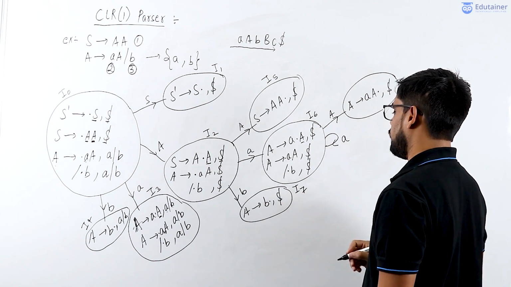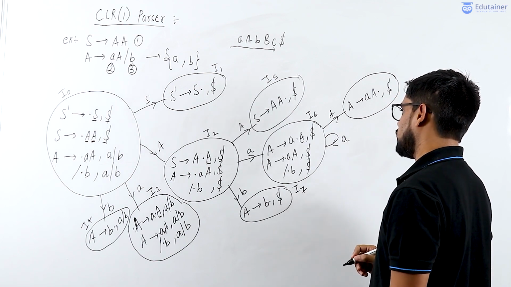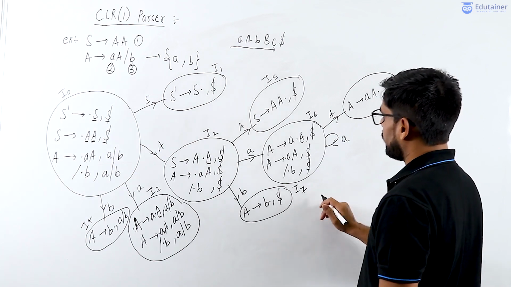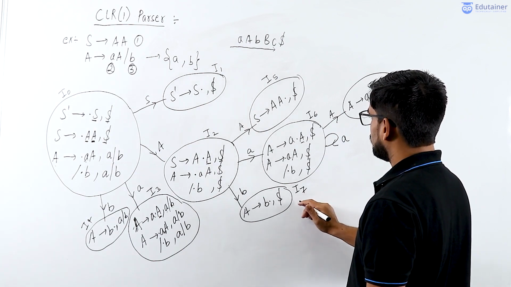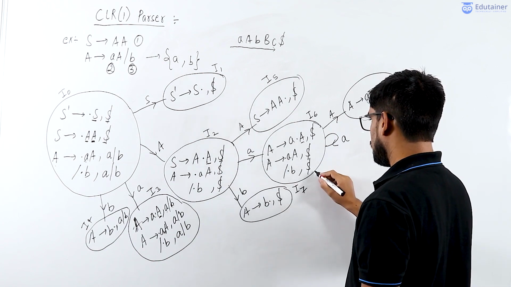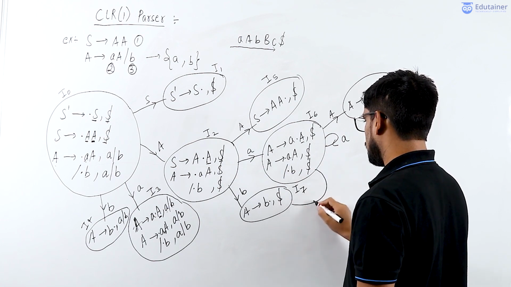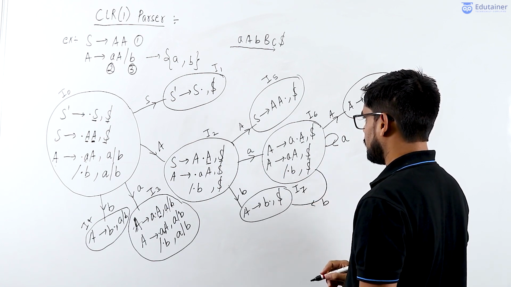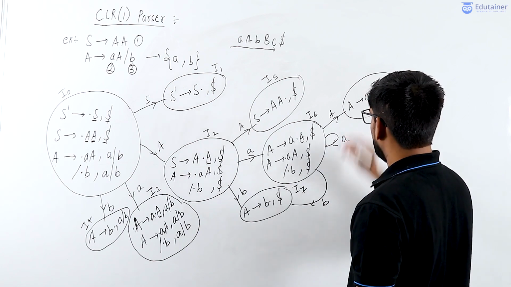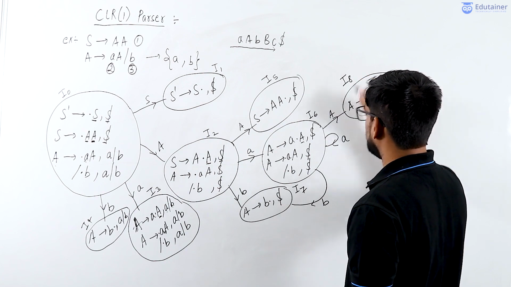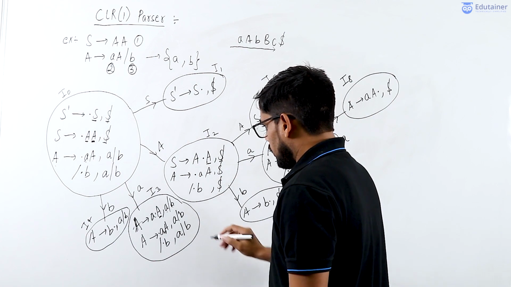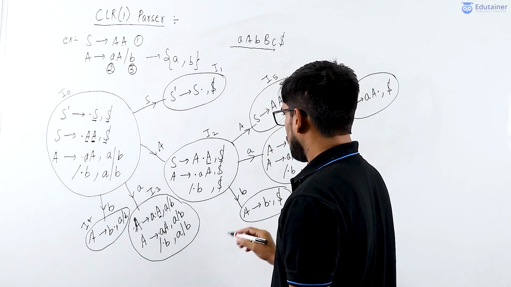So on a small a, it will come to state number I6 itself, and on a small b, it will go to state number I7. Okay, let's call it the I8 state.